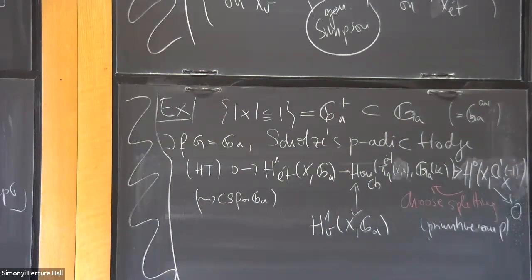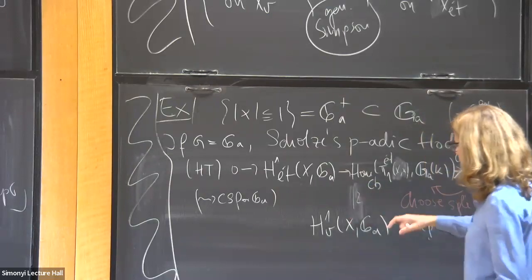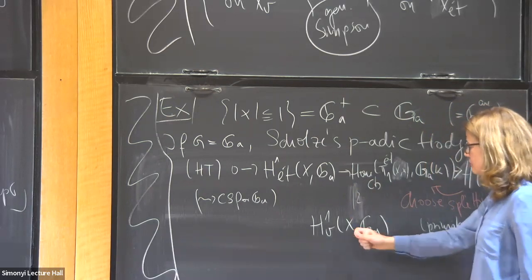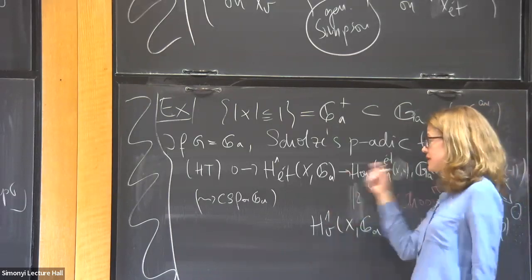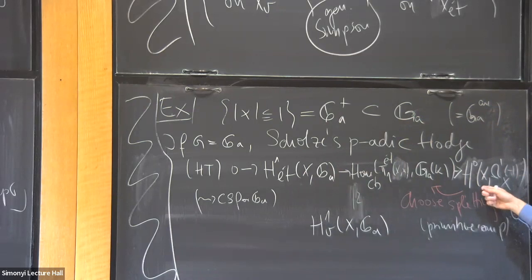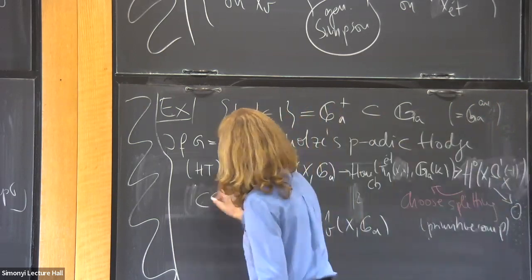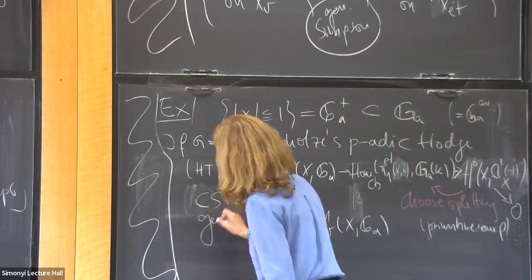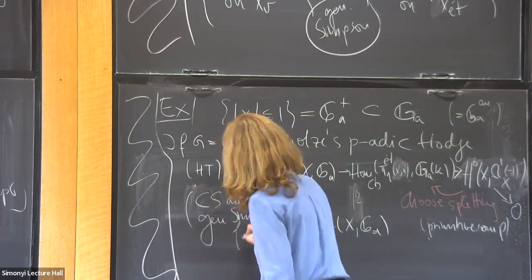And so you see that you can also identify the class of a v G_a torsor on X, with the same splitting, with the class of an étale torsor and a Higgs field. So the same sequence also gives you a generalized Simpson correspondence for the group G_a. They just coincide.